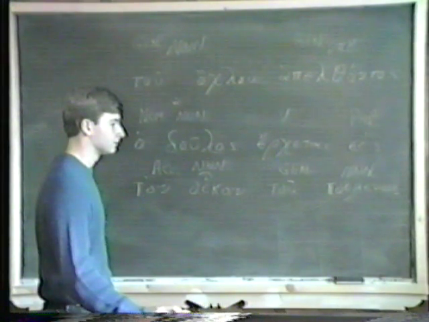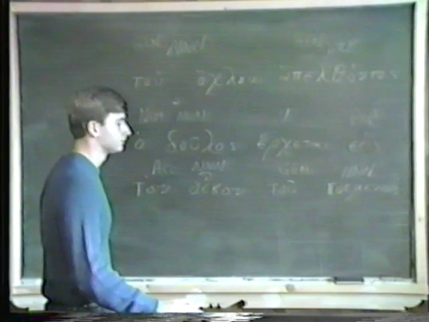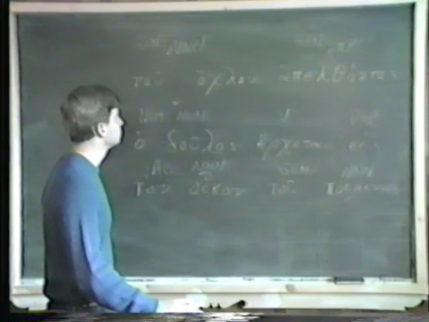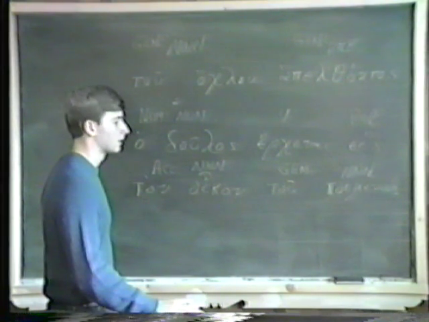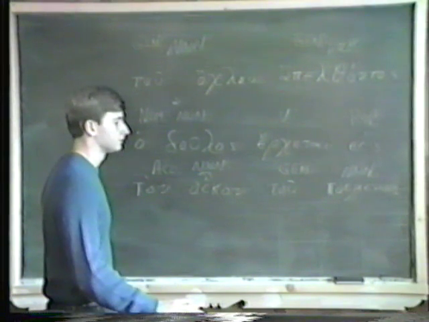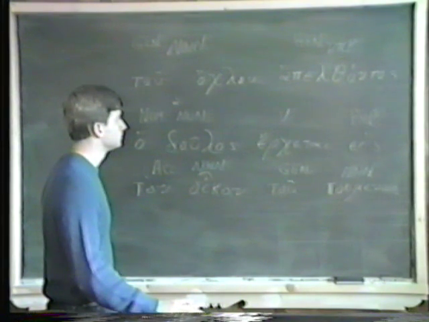Didn't I just learn in this last lesson that if you have a noun and a participle in the genitive case, grammatically independent of the rest of the sentence, I've probably got a genitive absolute, haven't I? All right, now then, how do I translate that?